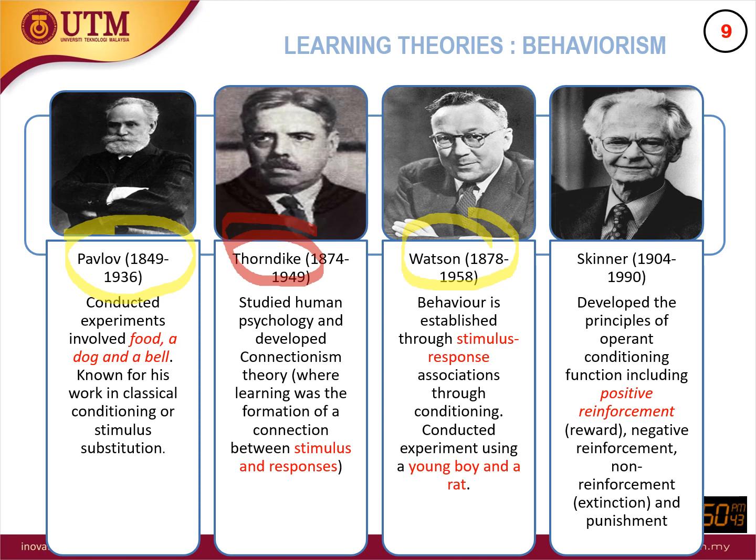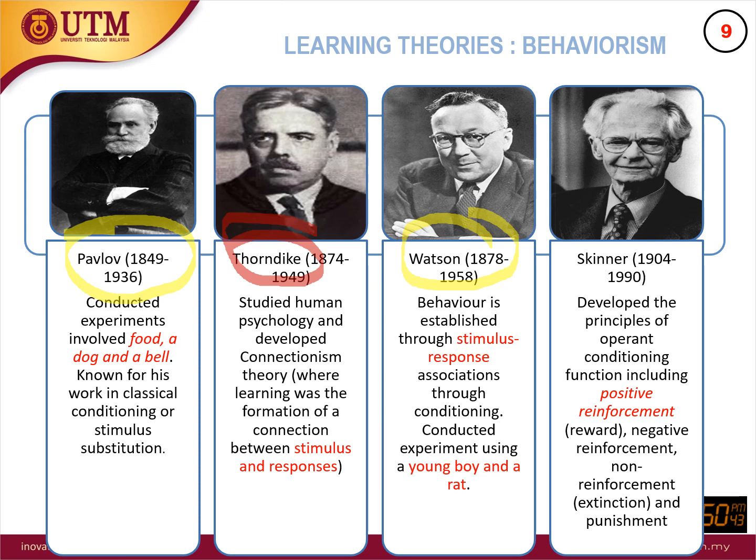And then finally we have Skinner. Skinner, on the other hand, went one step further and developed what is called operant conditioning. He simply means learning by reinforcement, encouragement, rewards, and punishment. Okay, so if the students do something good, we need to encourage them.